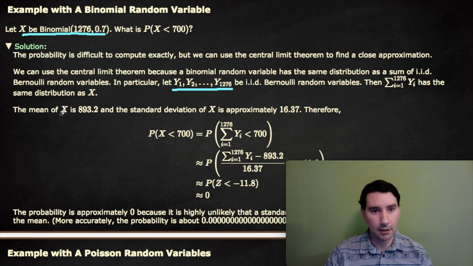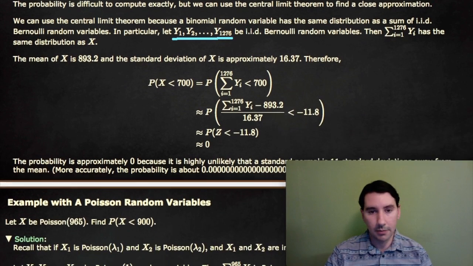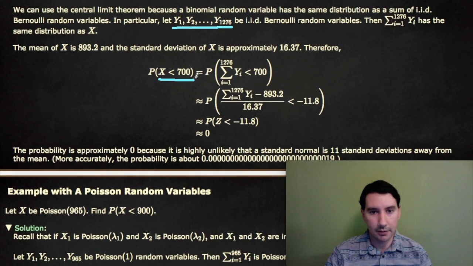The mean of a binomial, which is the product 1,276 times 0.7, is 893.2. And the standard deviation, which is that number times 0.3 and then square rooted, is 16.37. So the probability that x is less than 700 is the probability that the sum of Bernoullis is less than 700.